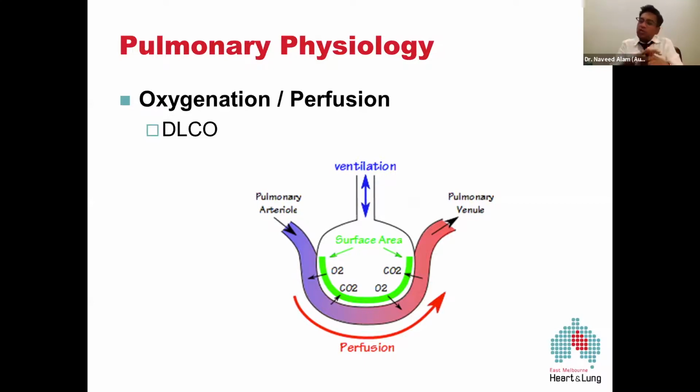And the test that we use here to look at that is the DLCO, which is the diffusion capacity of the lung to carbon monoxide. And really what this test does, again, it's in a breath hold in a pulmonary function lab, and you inhale a combination of an inert gas, usually something like helium, with a bit of air and carbon monoxide.